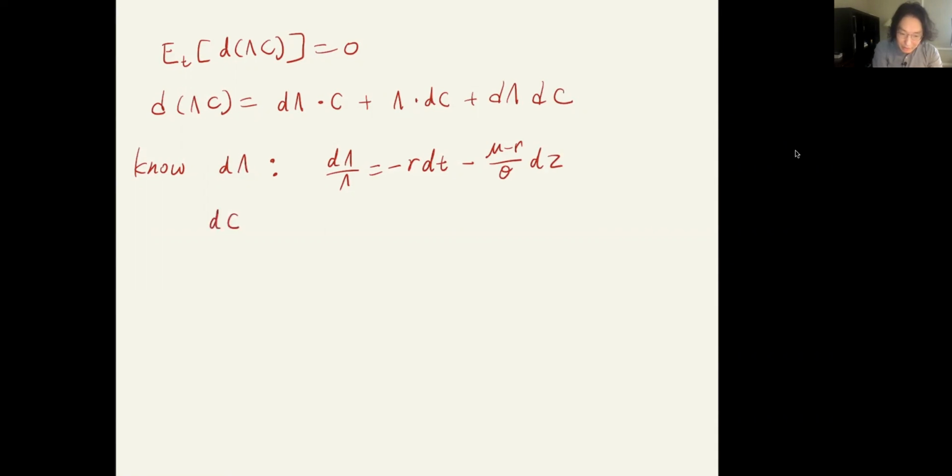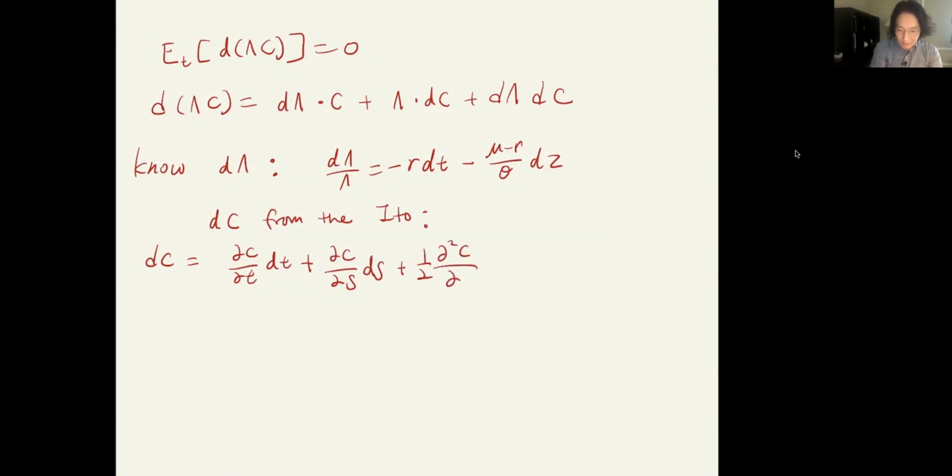And we know c from Ito's formula, right? So dc is dc dt plus, I'm sorry, this should be plus, dc ds plus a half. Now comes the Ito term. Okay, so this is dc.